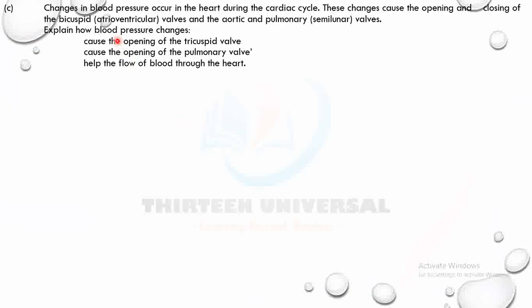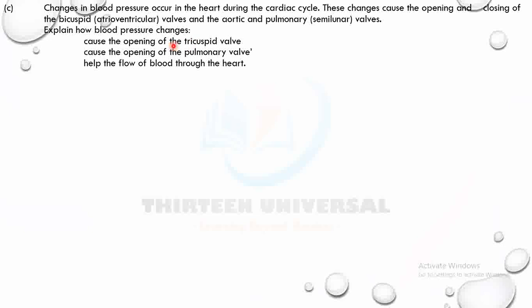The changes in blood pressure occur in the heart during the cardiac cycle. These changes cause the opening and closing of the valves, the tricuspid, aortic, pulmonary and so on. Explain how blood pressure changes cause the opening.